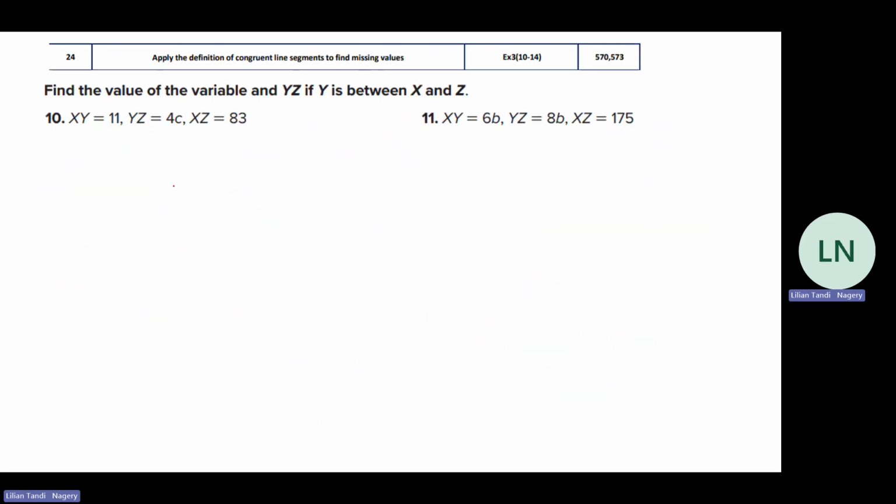Now we are here. Find the value of the variable C if y is between x and z. Draw your line. X, z and y. XY is 11. YZ is 4C. XZ is 83.